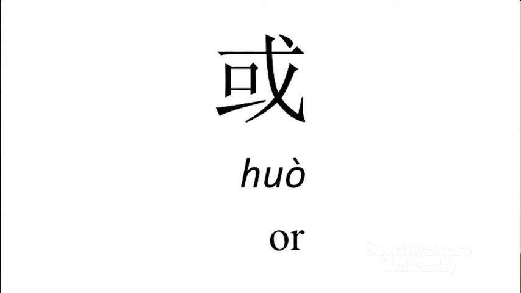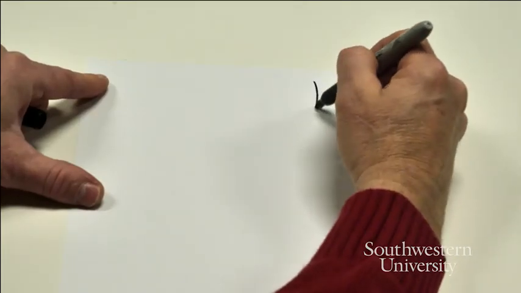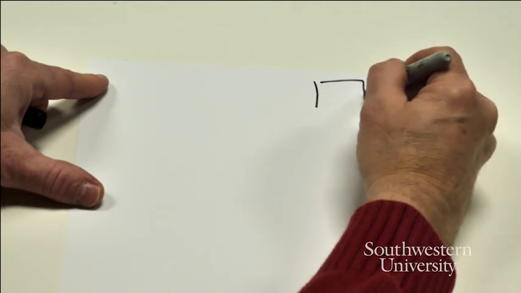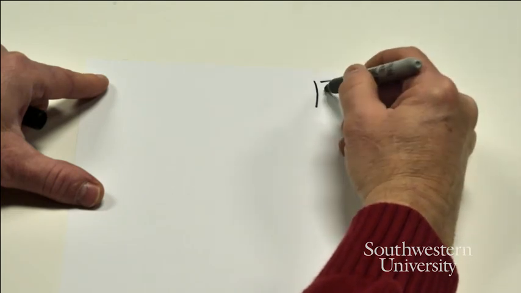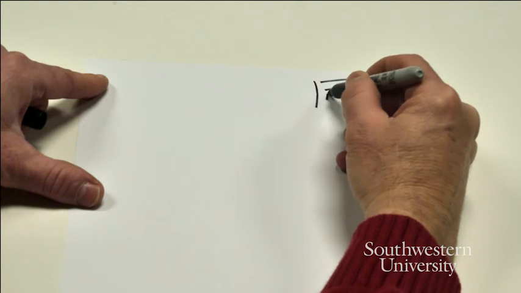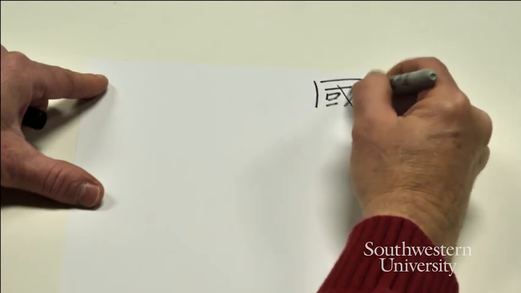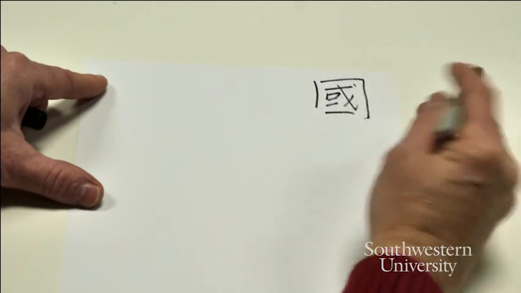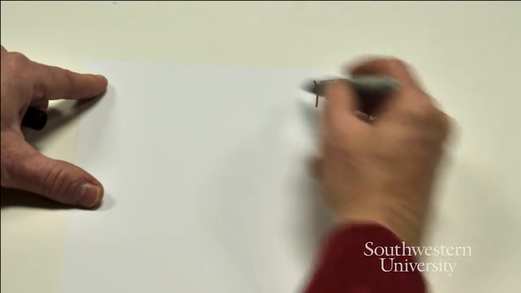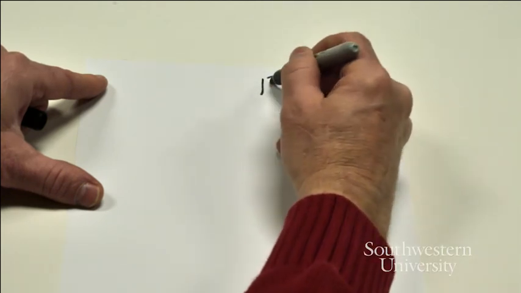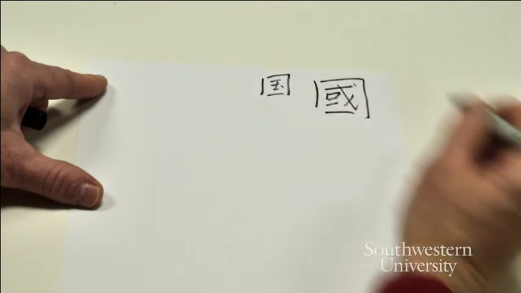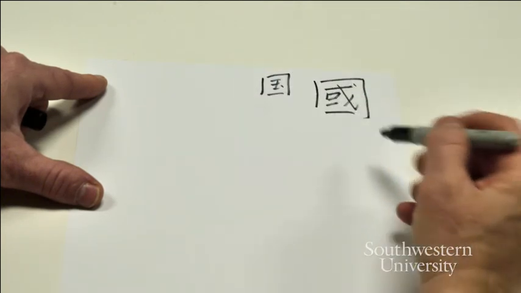Huo is just phonetic. So the traditional character for guo is this. The traditional writing for guo is huo inside of the border. So in simplified form, guo, like that, replaces the inside part.